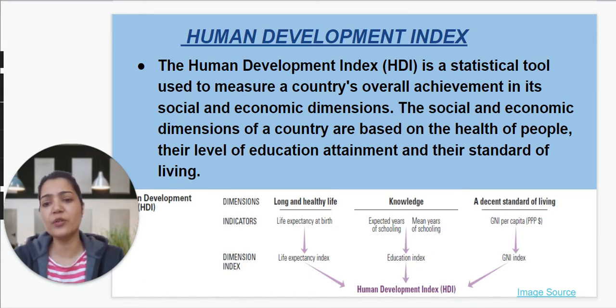A country's overall index conceals the disparity within the country, as different groups within the country may have different levels of human development. There are a few common disadvantages which you can apply everywhere. So keep it in mind, not necessarily that you have to mug up all these things.